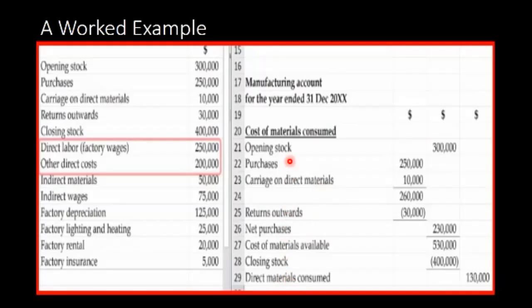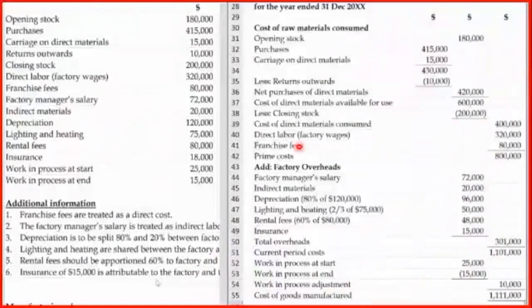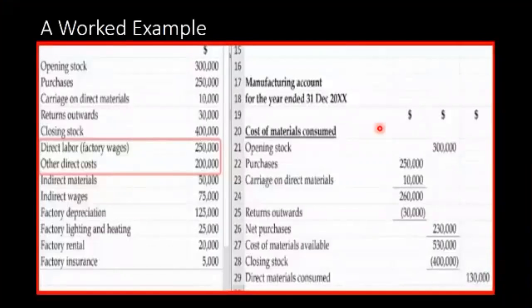In the next example, you have it here: the whole thing, cost of direct materials consumed, 400,000, and they add the labor and the direct costs, and we get prime cost, right? So you have options, you can do it that way or the other way.